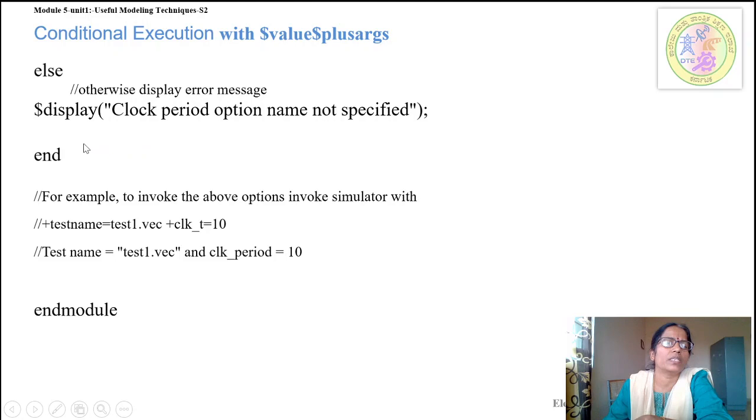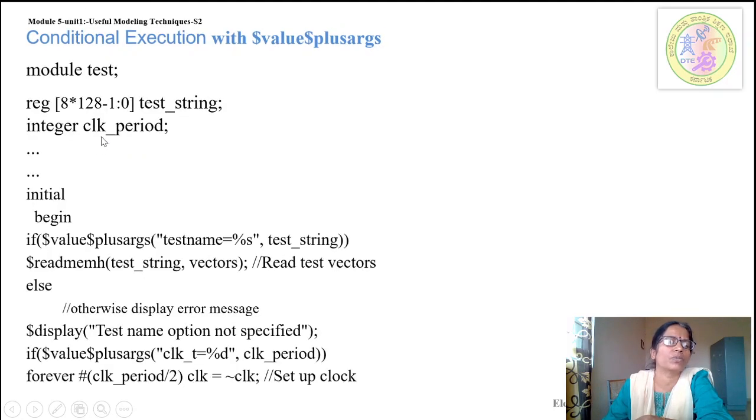End. See, in this conditional plus args, what it is doing here is taking the 128, that means 1k bytes of test strings, and we take this integer clock period, and we assign the test name, that is the testing, to this. If the $value$plus$args value is there, we read that, initialize the hexadecimal vectors, and read the test vectors, else display test name option not specified.